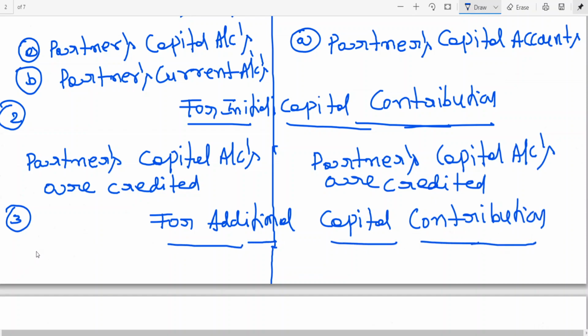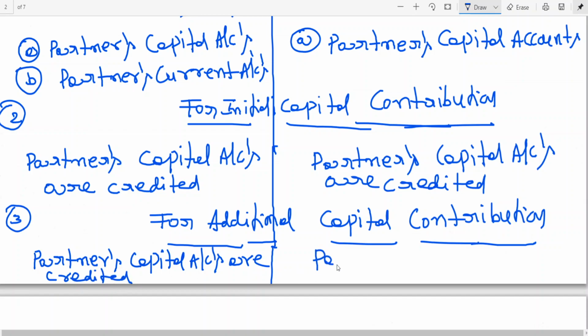For additional capital contribution also, partners' capital accounts are credited.